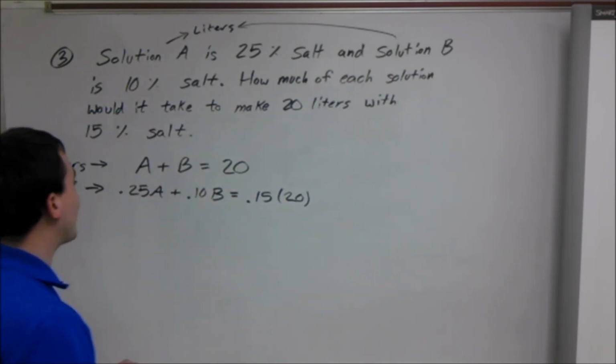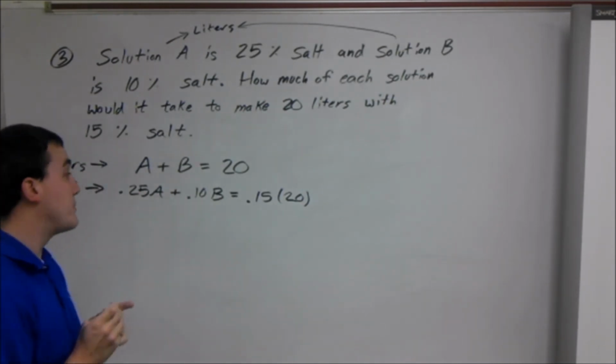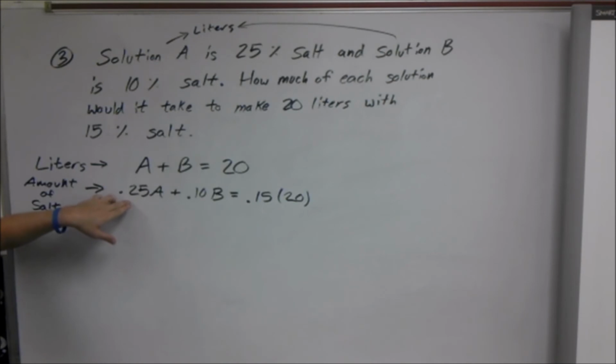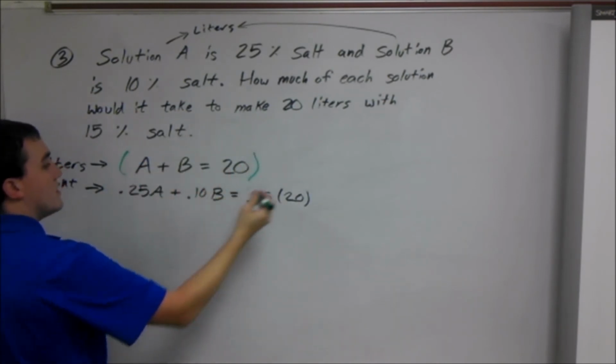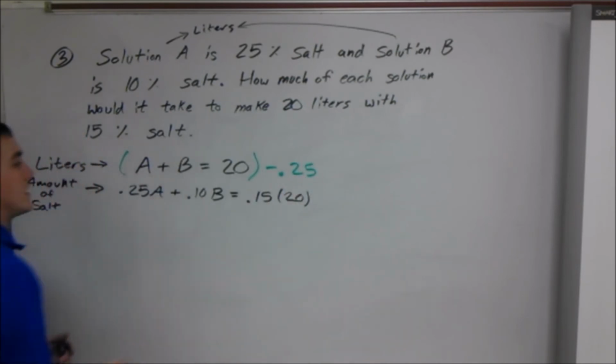Okay, so continuing on, we can solve this equation. First, instead of using substitution, let's use elimination. All right. We know that if we multiply this equation by negative 0.25, our A's will cancel out.